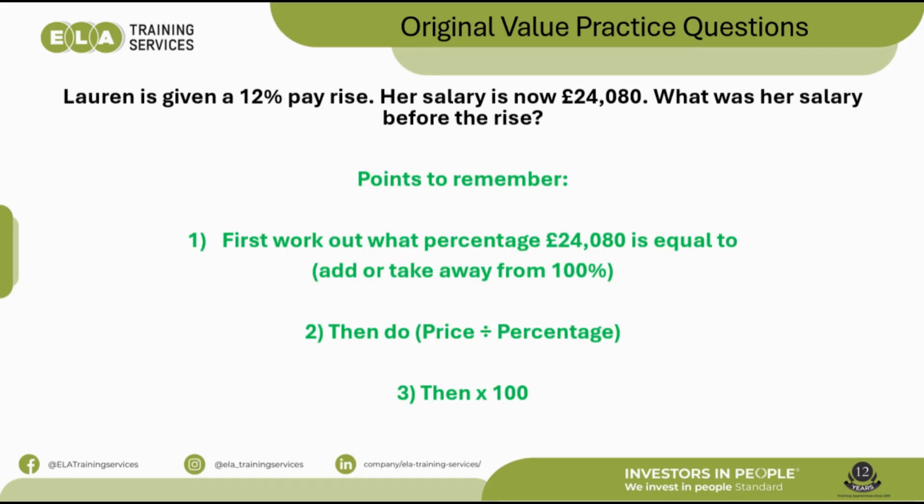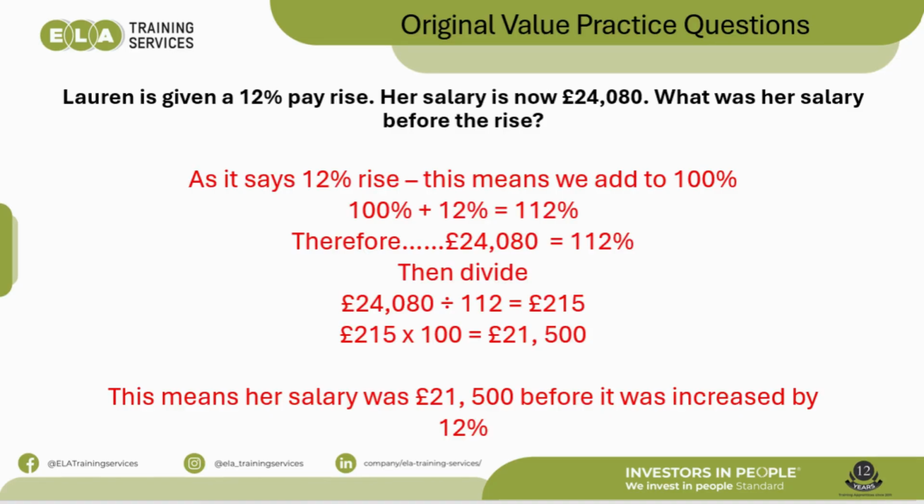Let's do another example. Lauren is given a 12% pay rise. Her salary is now £24,080. What was her salary before the rise? Pause the recording whilst you work it out. Welcome back. As it says 12% rise, this means we add to 100%. 100% plus 12% equals 112%.